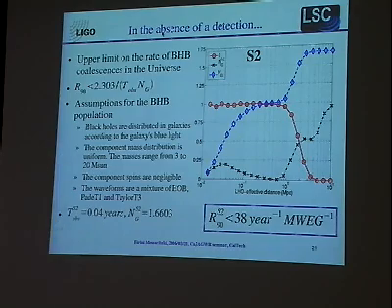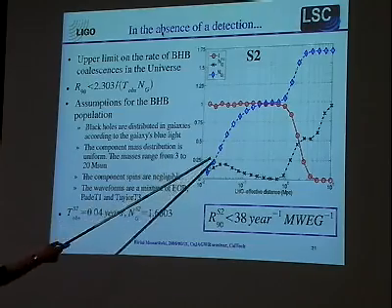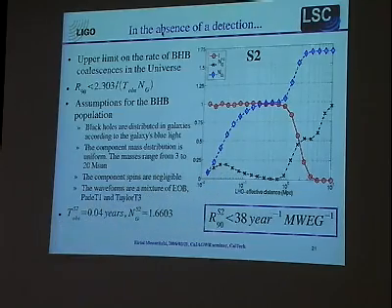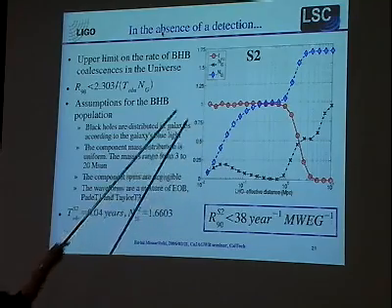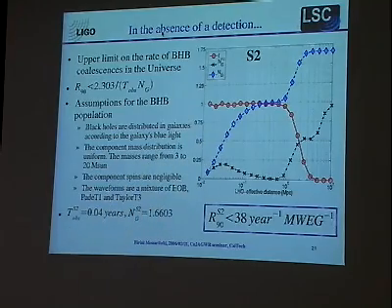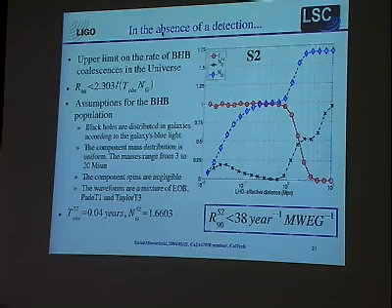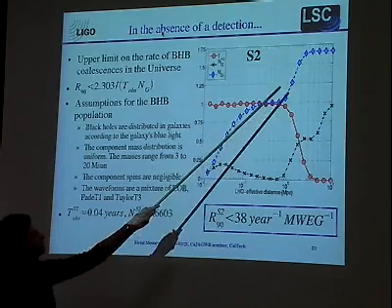So by making these assumptions, as I said previously, we get the number of Milky Way equivalent galaxies per distance bin. If we multiply that with our efficiency per distance bin and integrate that over distance, we get the number of Milky Way equivalent galaxies that we're sensitive to, and that's the blue curve here.